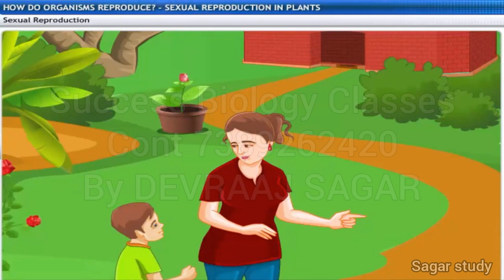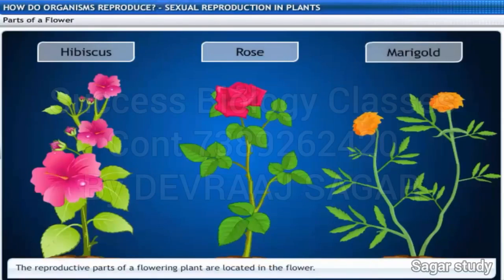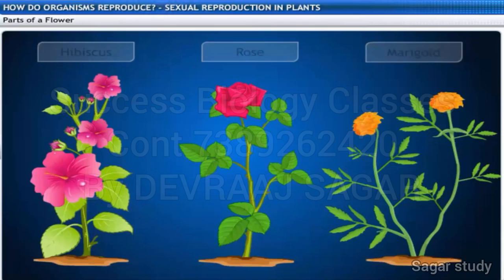Now, let's look at how the mixing of the gene pool occurs in flowering plants or angiosperms. In flowering plants, the reproductive parts of these plants are located in the flower.